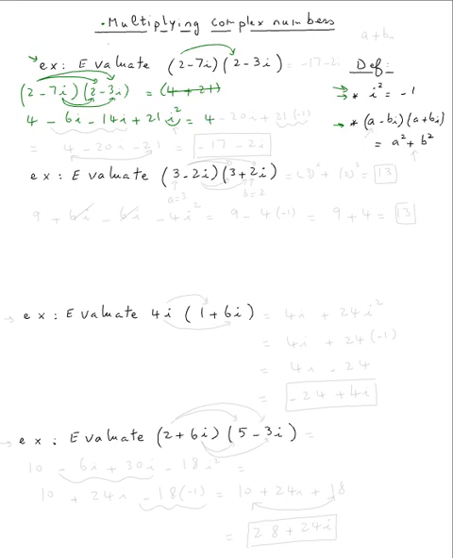So 4, and then combine these terms. -6i minus 14i is -20i. Plus 21, and i squared is -1, which is equal to 21 times -1 is -21. So it's 4 minus 20i minus 21, and then add these numbers. 4 minus 21 is -17.